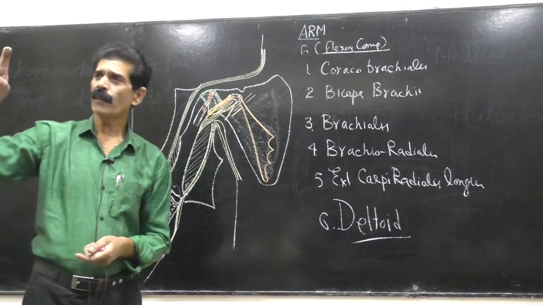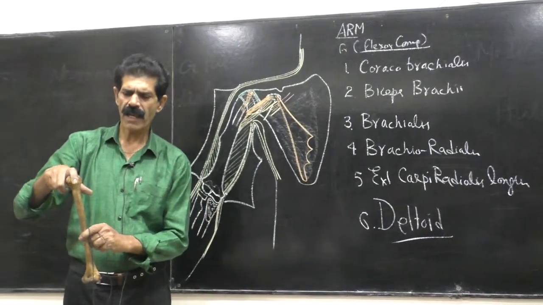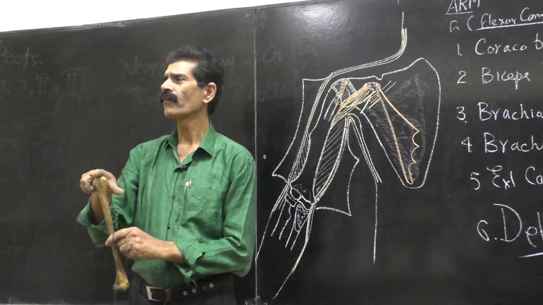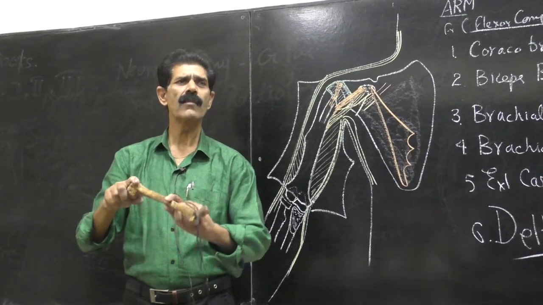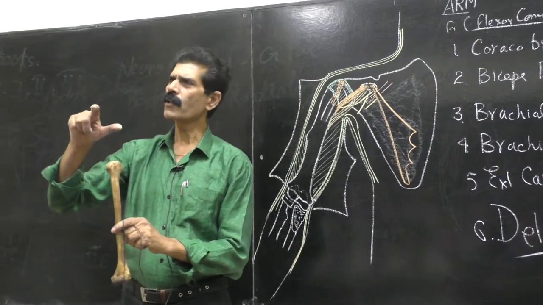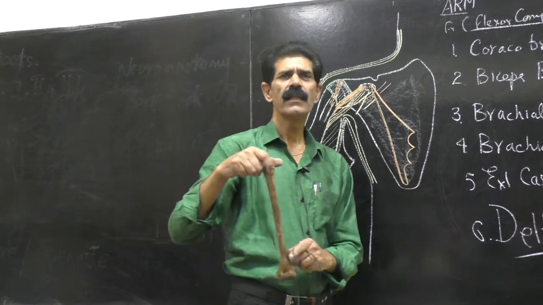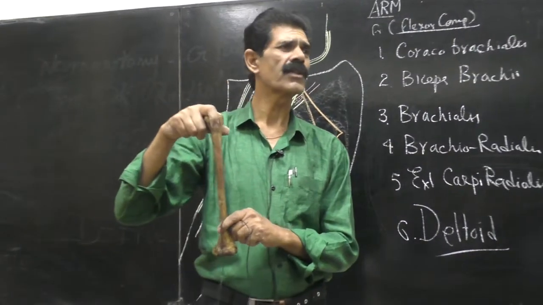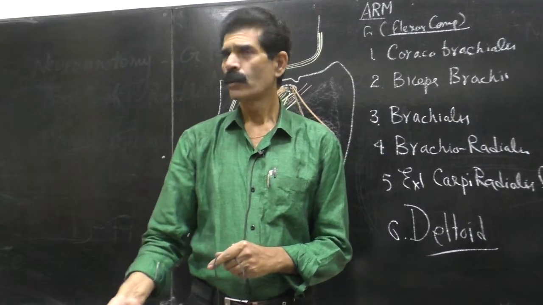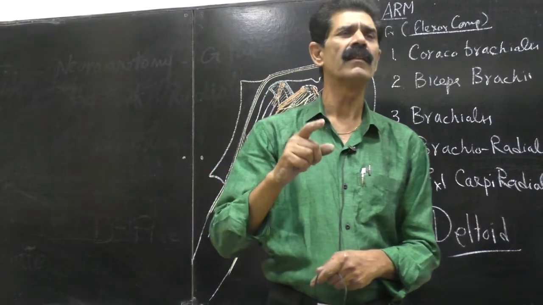So this long head of the bicep encircles around the head of the humerus, and it keeps the glenoid cavity in touch with the head of the humerus in all movements of the shoulder joint. The long head of the bicep acts as a sling over it, and it prevents the superior dislocation of the shoulder joint. So this is one of the maneuvers to give stability to the shoulder joint, which is otherwise a very weak joint.